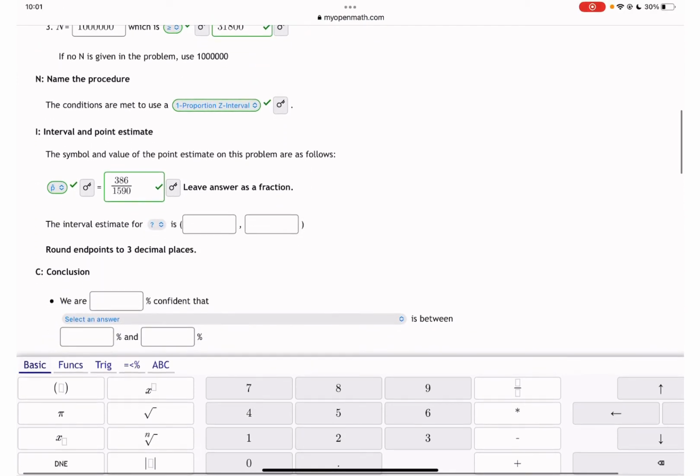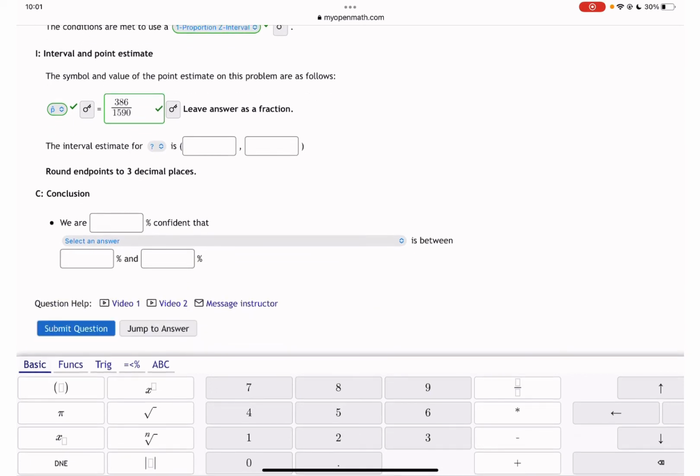Next, the conditions are met to use, okay, we have 386 over 1590, that is also correct. So, moving on. Next, what do we have to do?